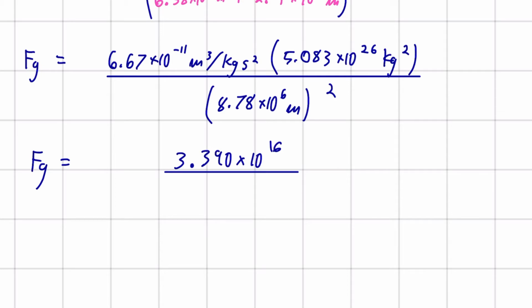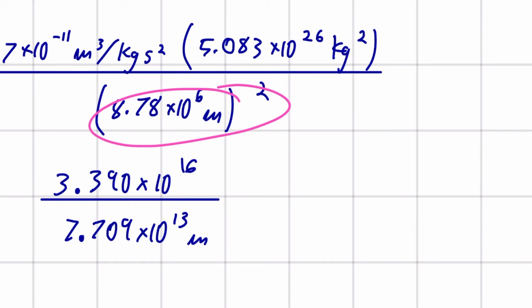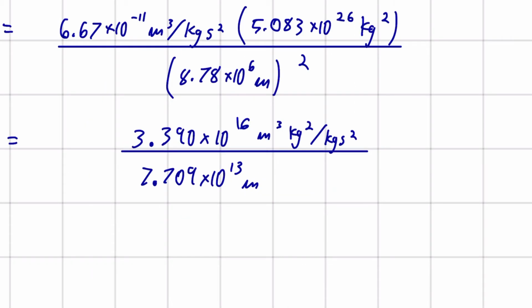And then this denominator, when we square it, we're going to get 7.709 times 10 to the 13 meters. Sorry, the units on the top here is going to be meters cubed per kilogram seconds. And there's going to be an extra kilogram squared in there. And then I also forgot this squared on the meters here.